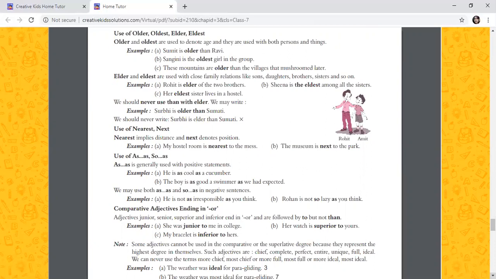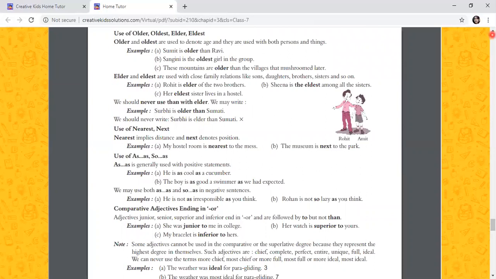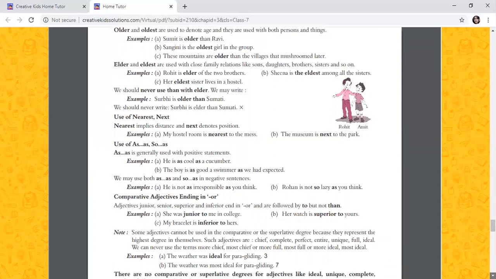Then uses of nearest and next. Nearest implies the distance. Next denotes the position.